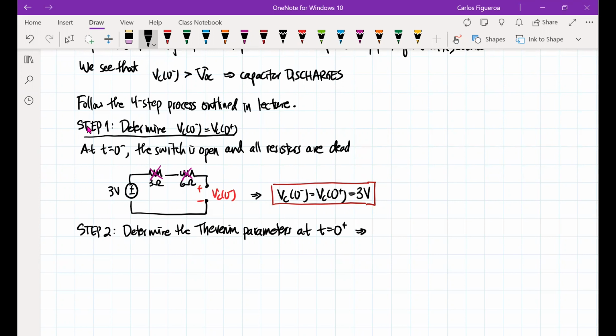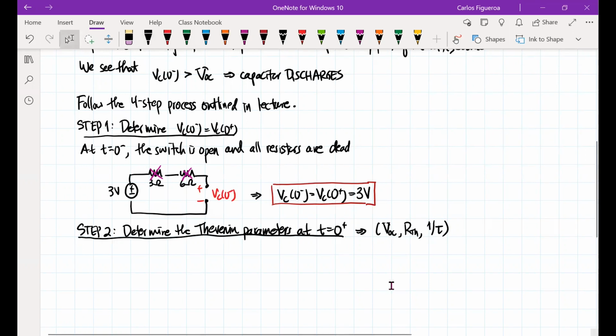What that really means is that I only need two things: I need VOC and I need RTH, but I'm only using RTH to get 1 over the time constant. And this is after the switch is closed. So now I have a Thevenin circuit. That means I have to remove the load.